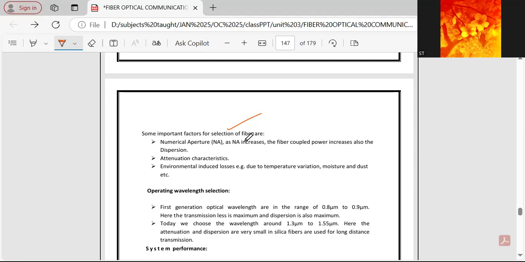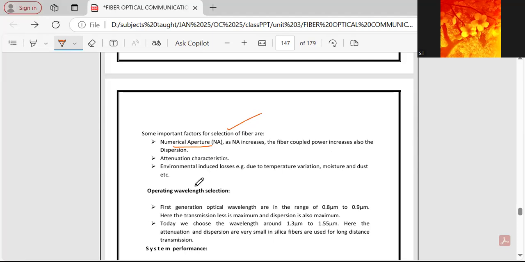For example, for the selection of fiber, we must have knowledge about the numerical aperture, because as the numerical aperture increases, the coupling of power increases, but it also increases the dispersion. And if we are selecting any fiber, then we have to study its attenuation characteristics also.